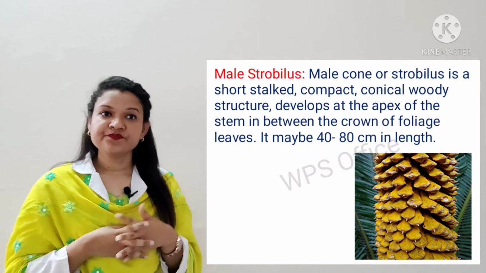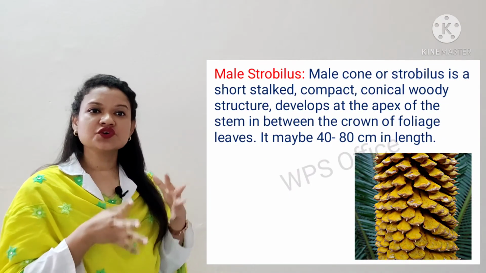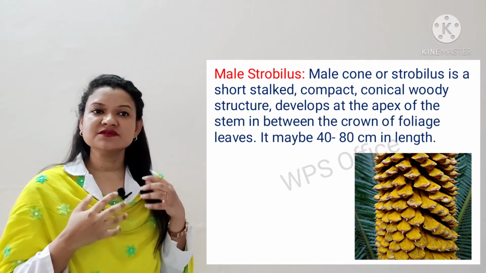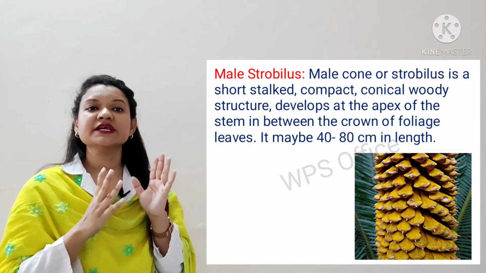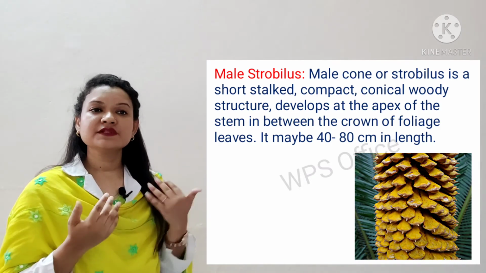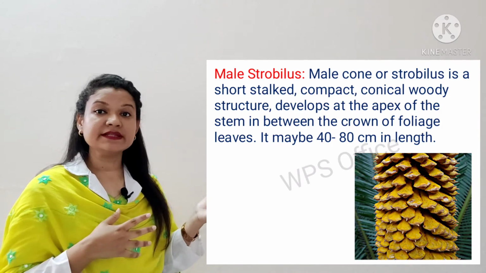Now I will describe the male strobilus. The male cone or strobilus is a short stalked, compact, conical woody structure that develops at the apex of the stem in between the crown of foliage leaves. It may be 40 to 80 cm in length.